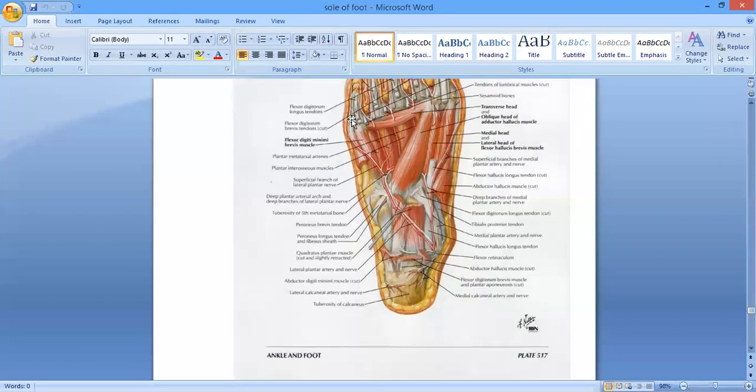Abductor digiti minimi. Right. जब हम abductor digiti minimi पढ़े तो मैंने आपको बताया था कि it is going to be inserted over the base of the proximal phalanx of the little toe along with the flexor digiti minimi brevis, right? So both muscles are getting insertion over the base of the proximal phalanx of the little toe. Clear ji?